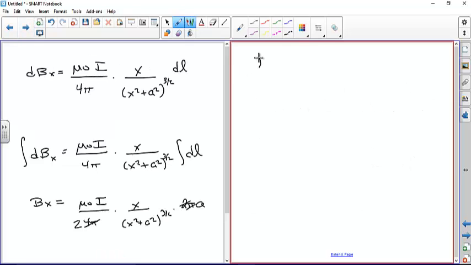Now, if we let x equals 0, or we're going to let x go to 0, what happens then? We have a problem.